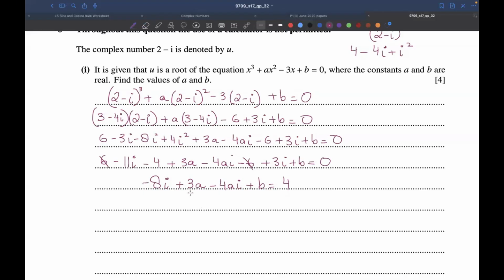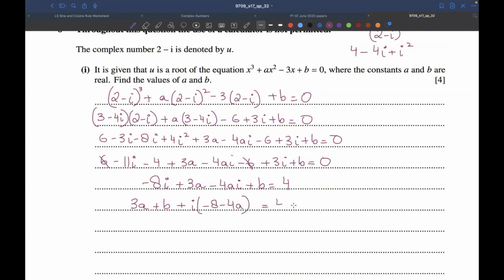Now to find the values of a and b, we can just compare both the sides. Let's put the real terms on one side, 3a plus b, and for the complex term we can take iota common. So we write plus iota, and in the bracket we'll have minus 8 minus 4a, is equal to 4.